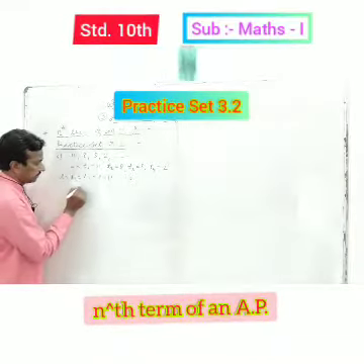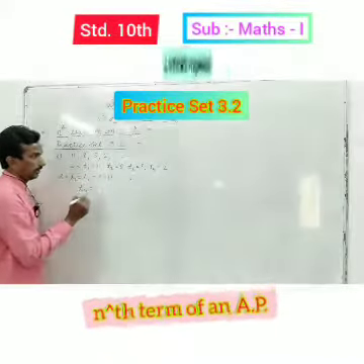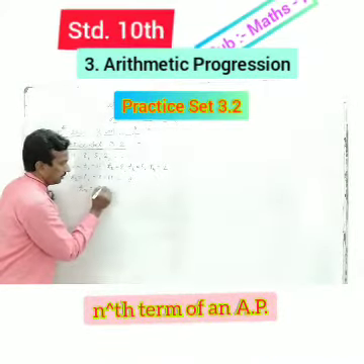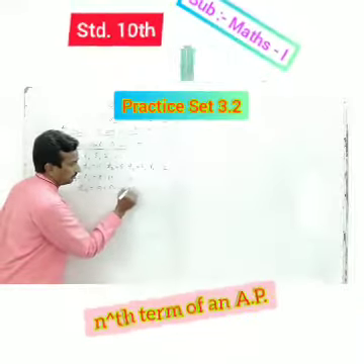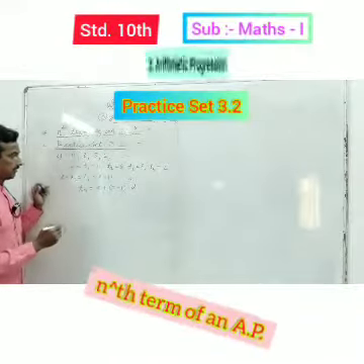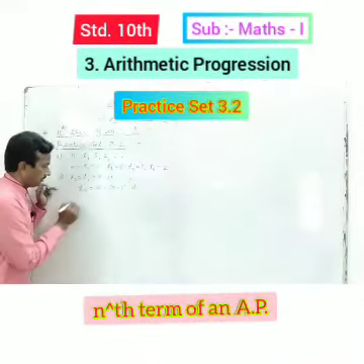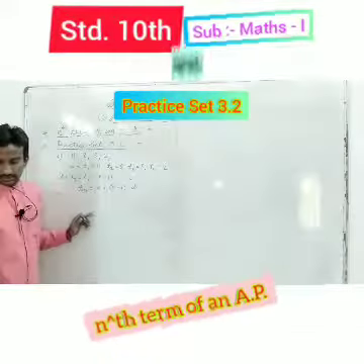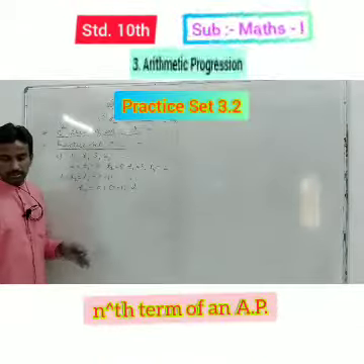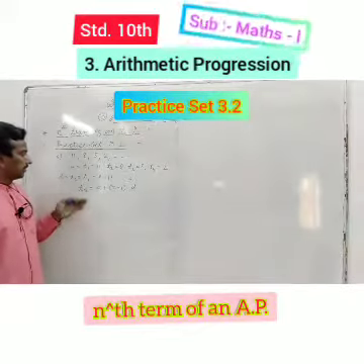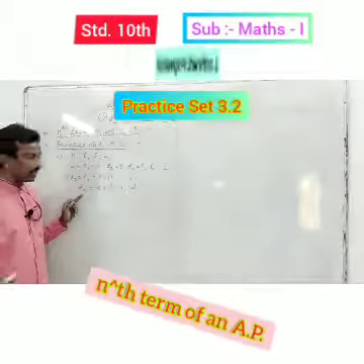Now find out Tn. Tn is equal to A plus n minus 1 into D. Now put the values. We know which term is minus 151, which means the value of Tn is given. This is a large term.